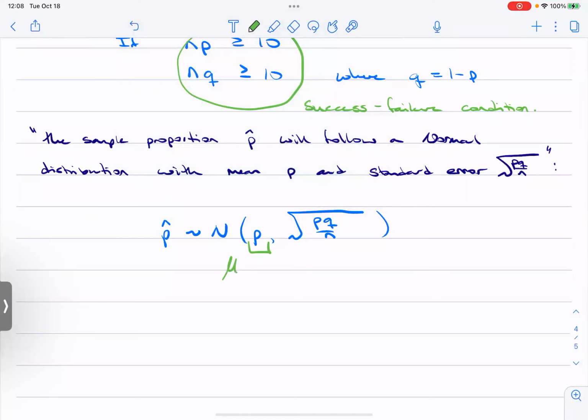We use the notation mu subscript p hat to denote that the mean for p hat is p, and the standard error of p hat is the root of pq over n. Just reiterating.